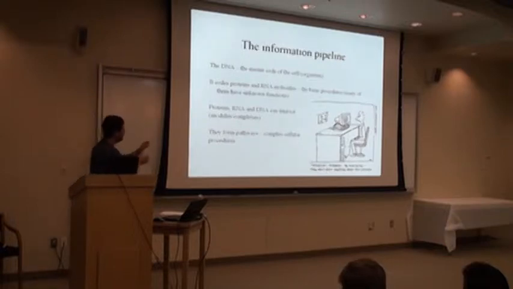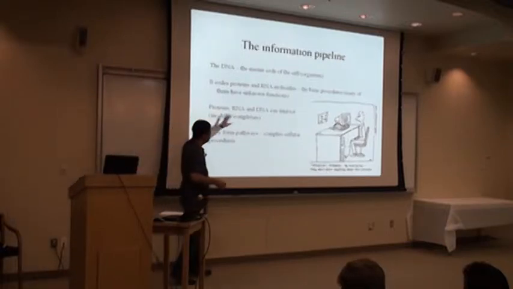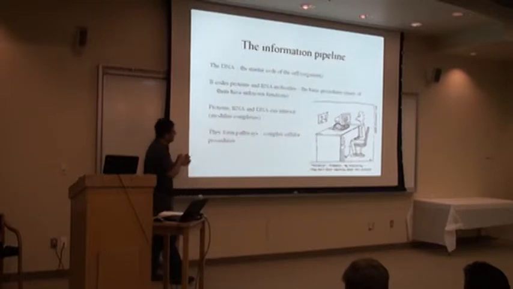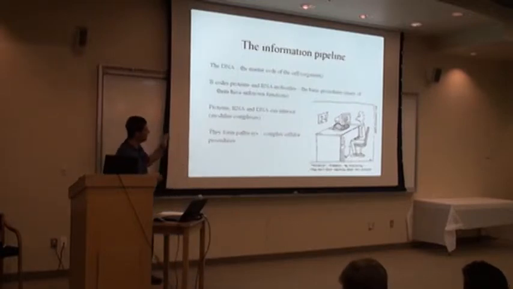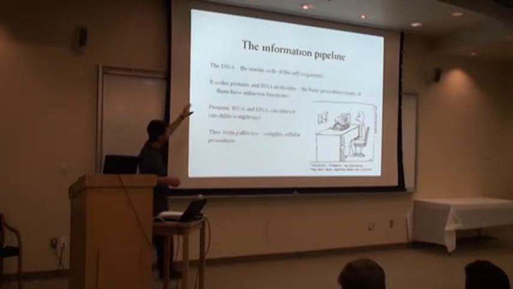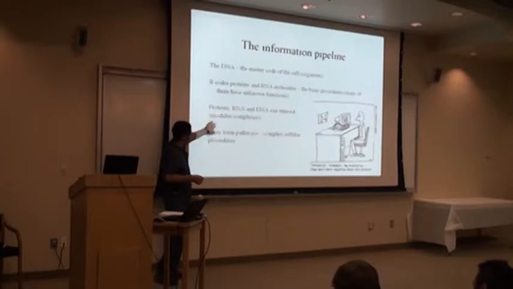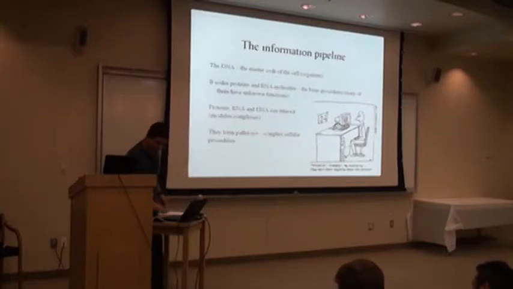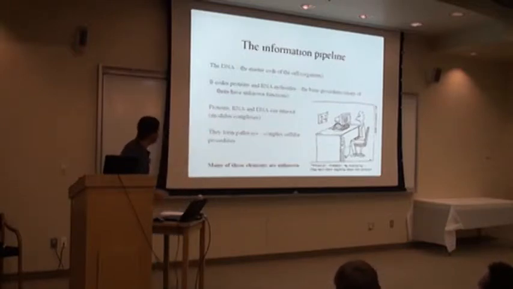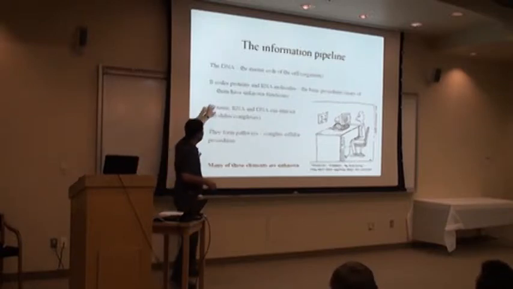This simplified view gives a glimpse of the complexity of what's going on in our cells. Going back to the master code, there's this pipeline of information, starting from the basic elements through the functional modules and through the more complex cellular pathways.